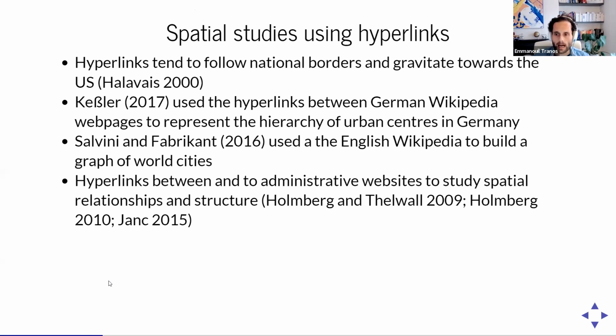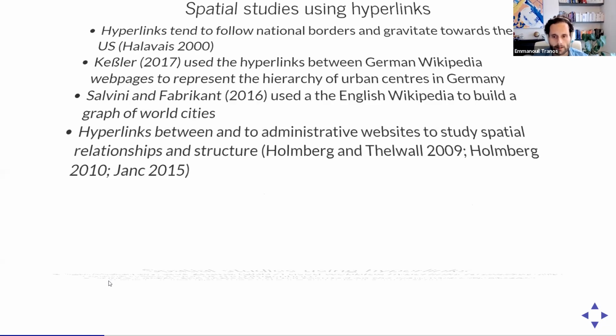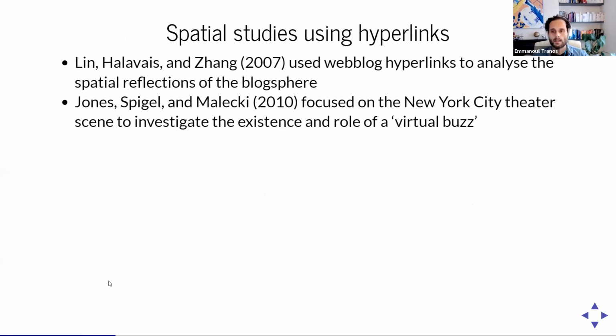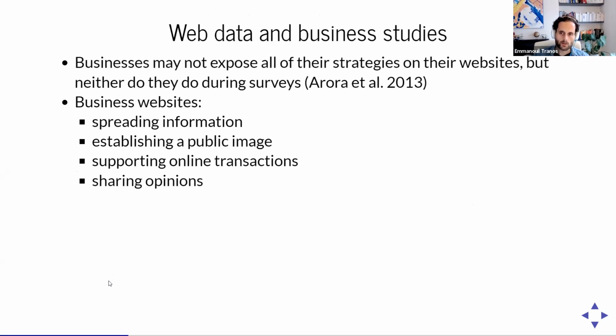I list here quite a few studies which utilize such data to a different capacity, but I don't think I have the time to go into detail about this. What's more important is to illustrate that other studies used web data in order to better understand business practices.